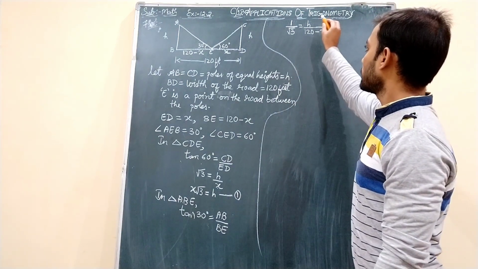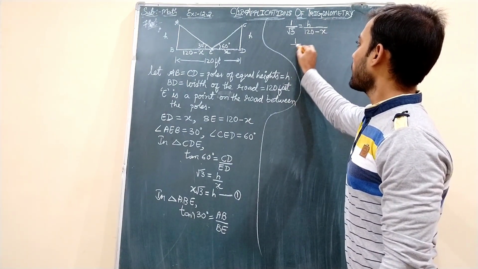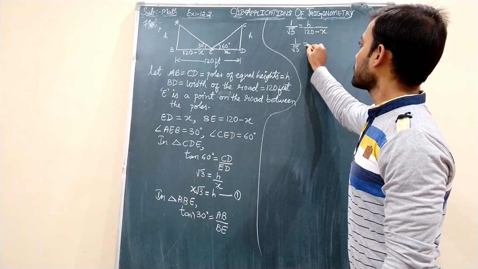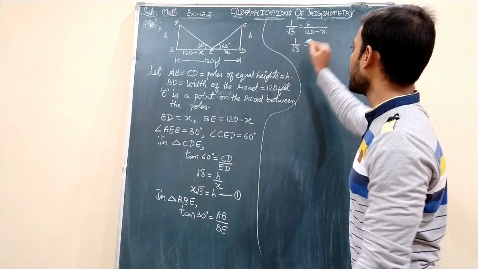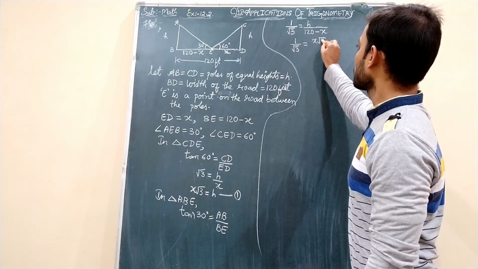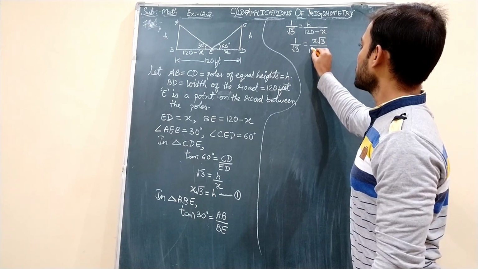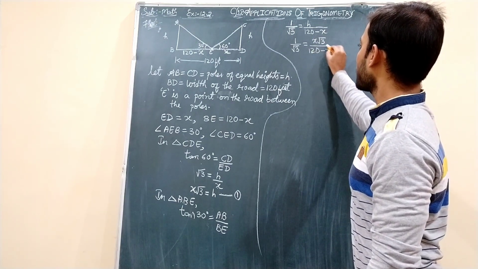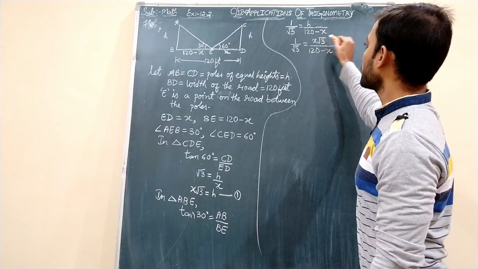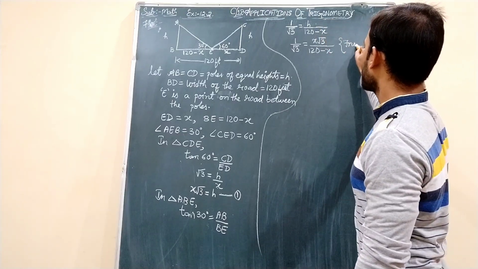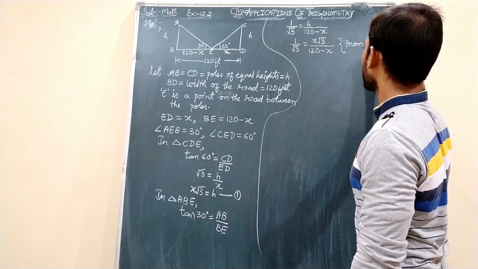So now 1 by √3 equals, in place of h I can write x√3, and denominator remains 120 minus x. Here I will write how we got x√3 in place of h: from equation 1 we got that.